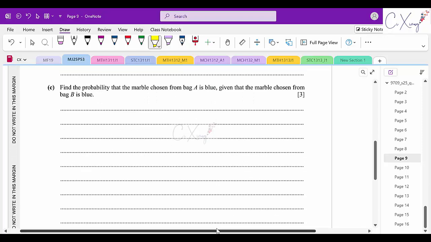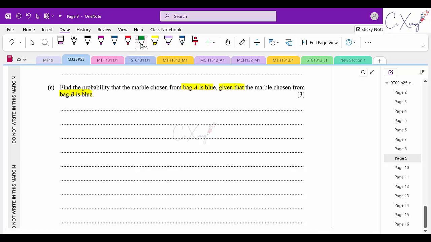Part C, find the probability that the marble chosen from bag A is blue, given that the marble chosen from bag B is also blue. Okay, I want you to highlight the keyword "given that". This tells you that it is a conditional probability.